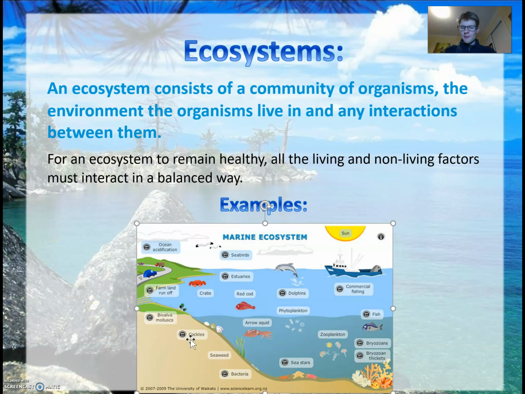So when we look at, say, a marine ecosystem, we're looking at not just the specific places that the organisms live in, because remember, a habitat focuses on the place and just the place where an organism lives. An ecosystem describes the interactions between all the different organisms.